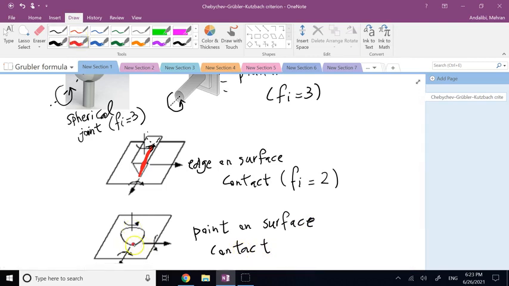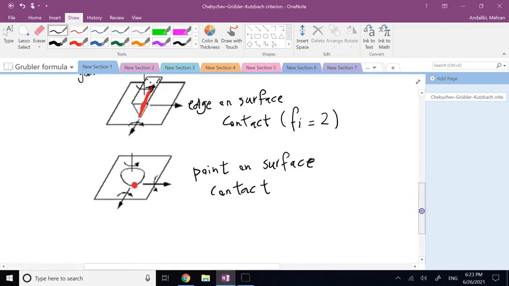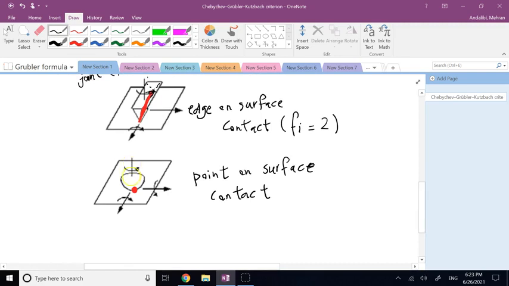Like if you have a spherical surface, a point has to only be in contact with the surface, and now all you cannot do is to move this whole surface in the upward direction. So this translation is out of the way, but you can do all of the rotations, and you can do these two in-plane translations. So this one only takes away 1 degree of freedom and leaves you with 5.